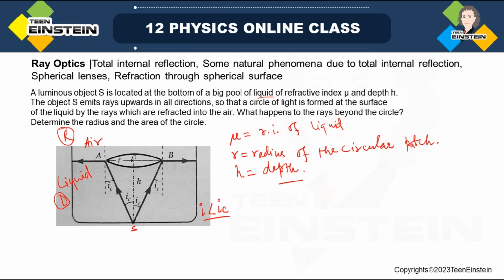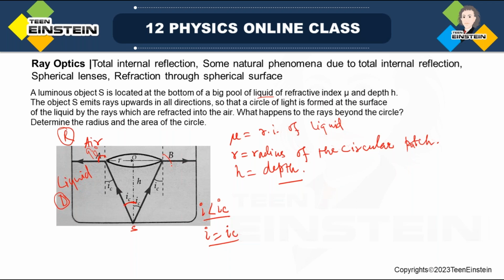But when the angle of incidence is exactly equal to IC of the medium, then the angle of refraction will be 90 degrees. See, this is the 90-degree angle of refraction, and the ray will be just passing through the surface, or grazing the surface.